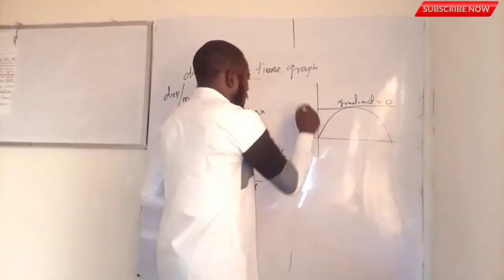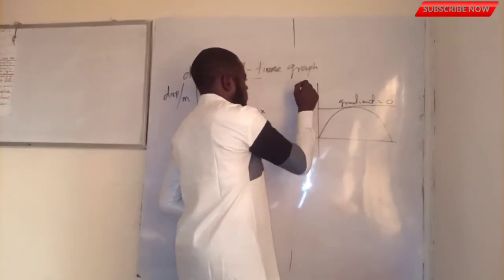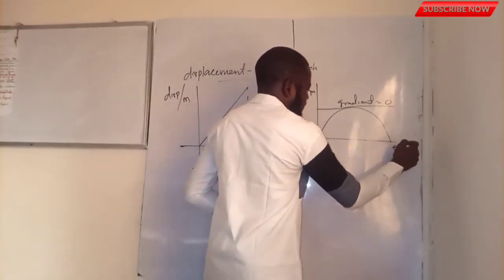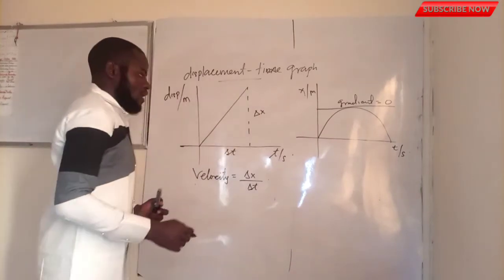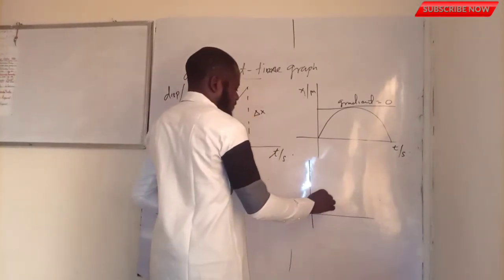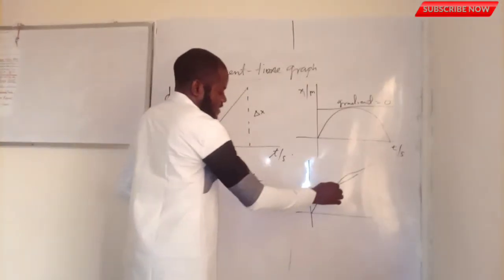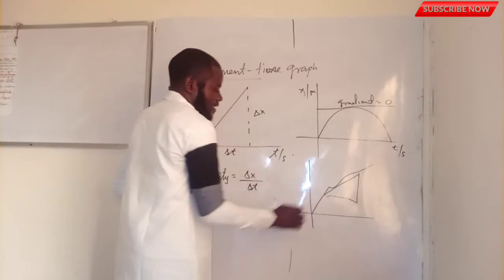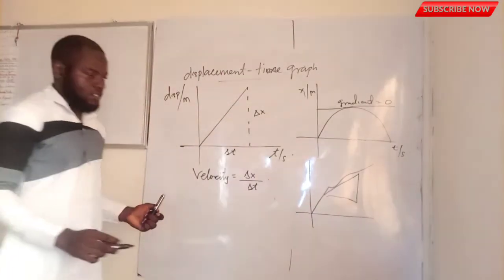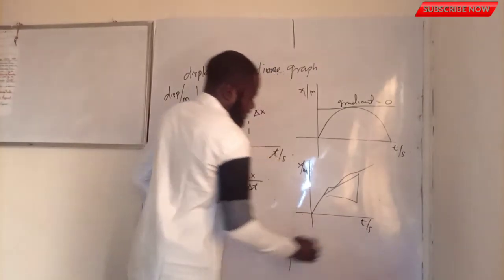But if it comes, remember this is displacement in meter, let me use x, and this is time in second. And if it comes in the form of this, it can also come in the form of this if it is not uniform. You do the same thing by drawing a tangent to this. Remember, these are not our focus. So this is x in meter, and this is time in second.